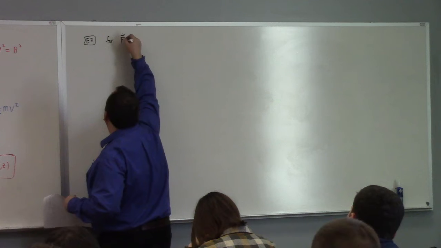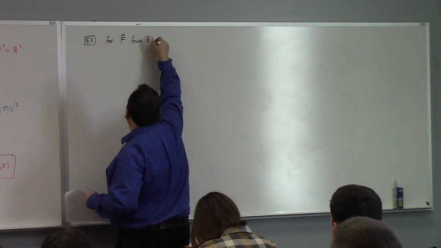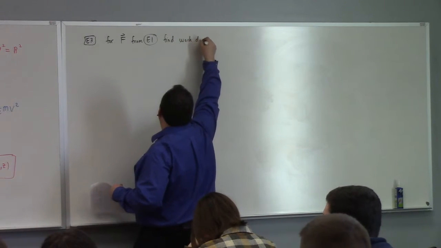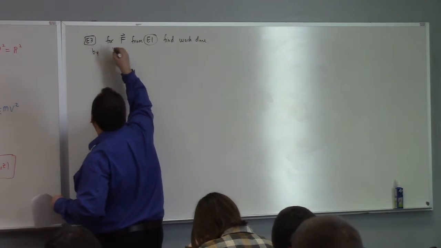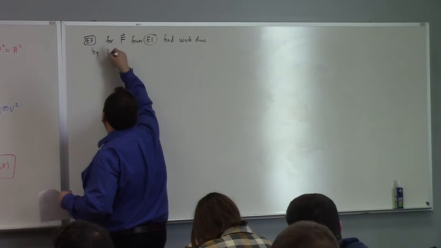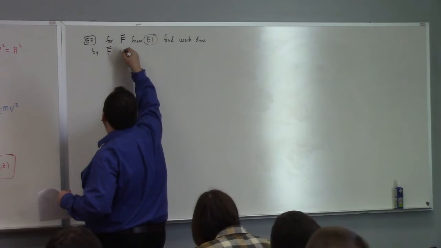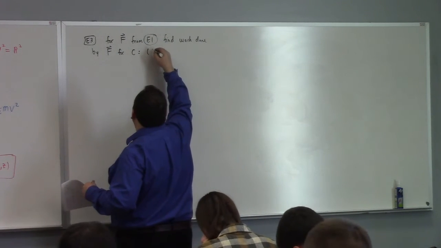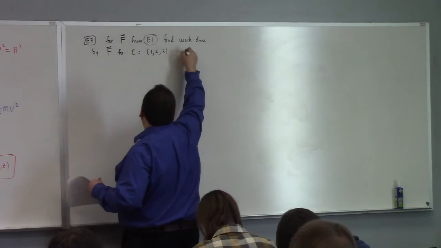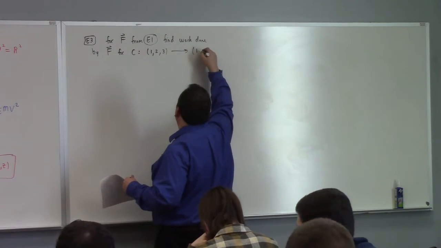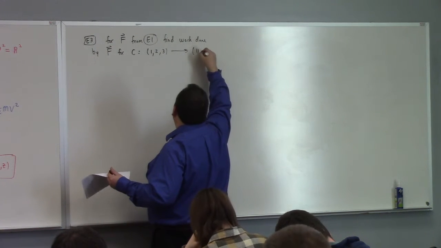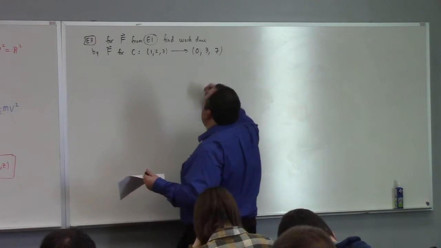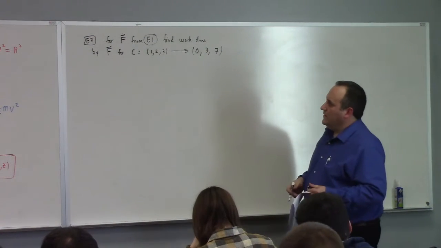For the force from example 1, find the work done by F for C, which goes from, let's say, the point 1, 2, 3 to the point 0, 3, 7, whatever. All right. So what's the work done?